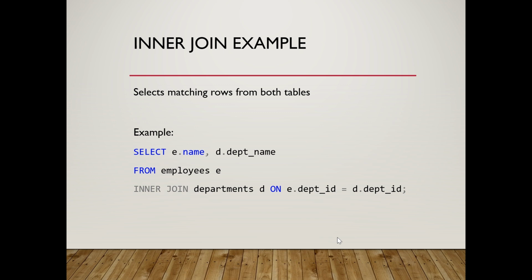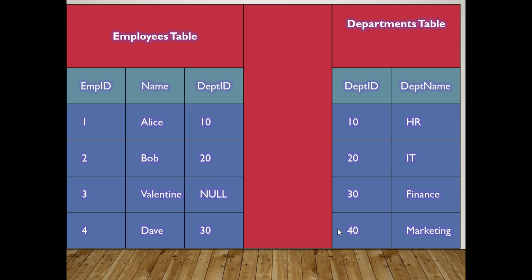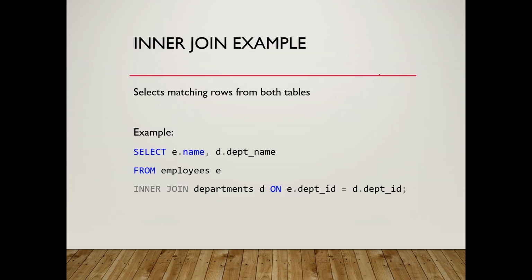All right, imagine we have two tables, employee and departments. Each employee is linked to a department through a column called department ID. Now an inner join returns only those rows where there's a match in both tables.